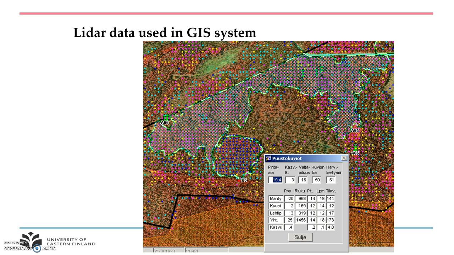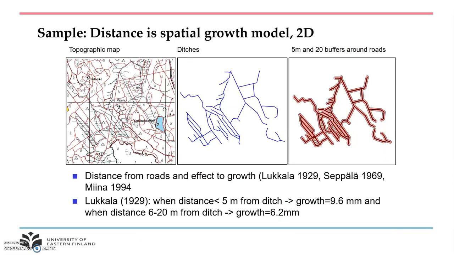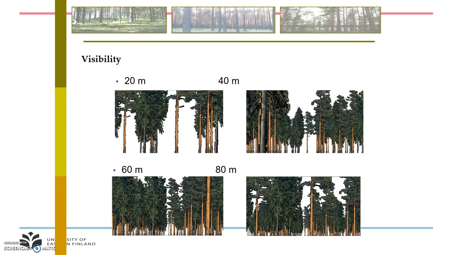These LiDAR predictions are now presented in GIS user interfaces in very detailed form, and managers utilize those datasets as well. Distance is coming more and more into biometric models. Spatial growth models are introduced, but not yet operational. There are different alternatives for growth modeling also being developed at the moment.